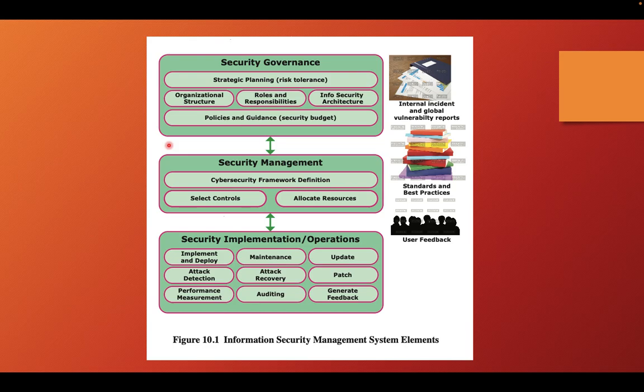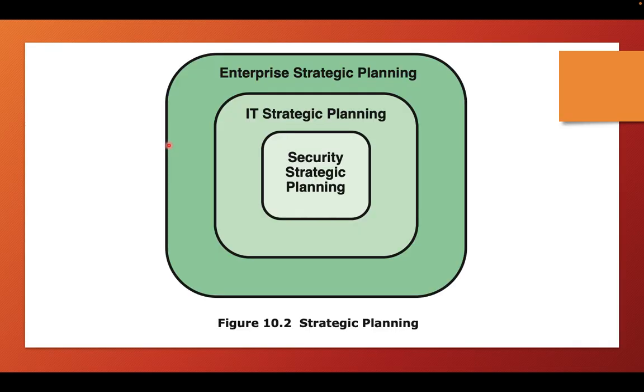These are the implementation and operation: putting the security control measures that we have into operation, into full deployment, the attack detection mechanism, the performance measurement in your system, the maintenance, attack recovery in case an attack happens to your system, the auditing system, the updates, the patches, and generating feedback. All of these features are part of the security implementation and operation in an organization. So what you see here is figure 10.1, information security management elements. Okay, let's move to the next one.